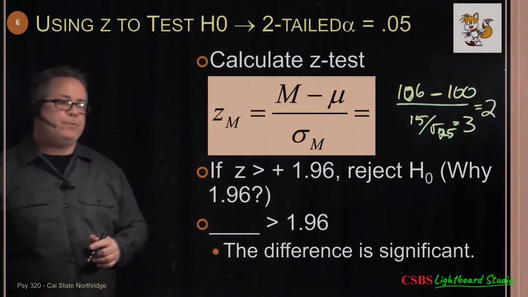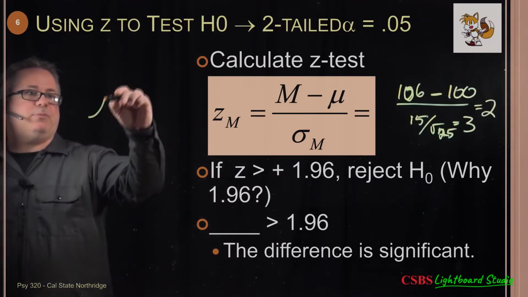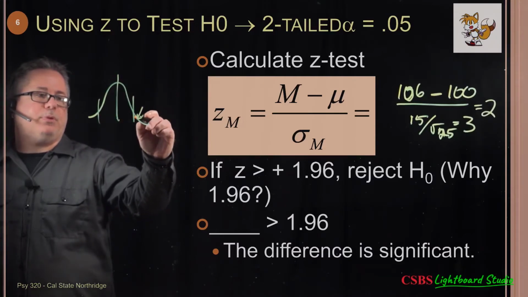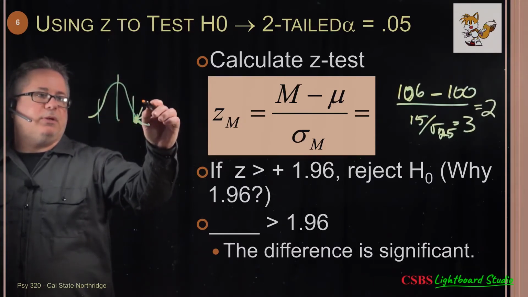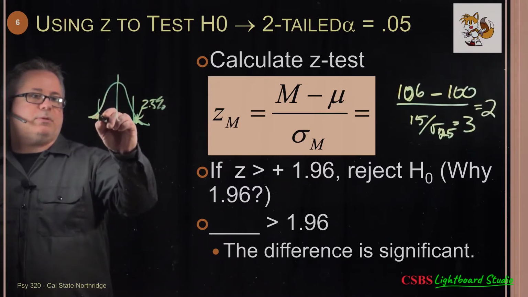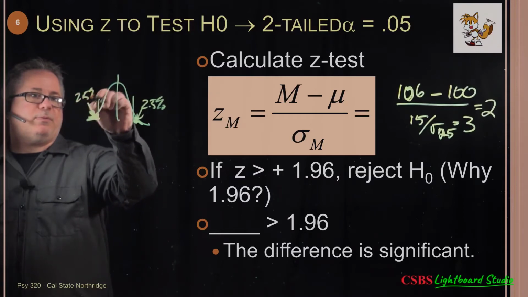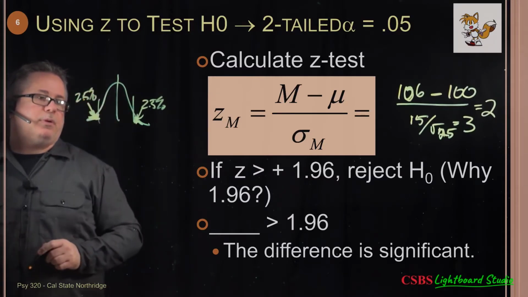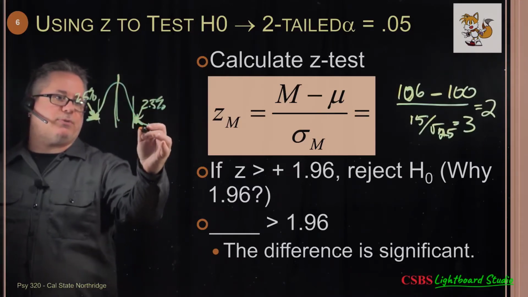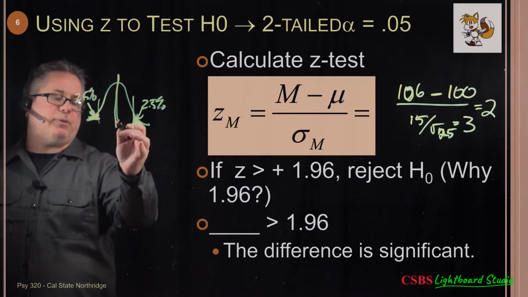Again, this is two-tailed. We talked about before that in a two-tailed distribution, we want 2.5% in one tail and 2.5% in the other.